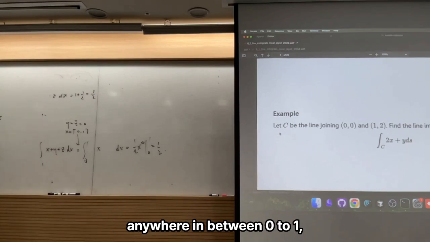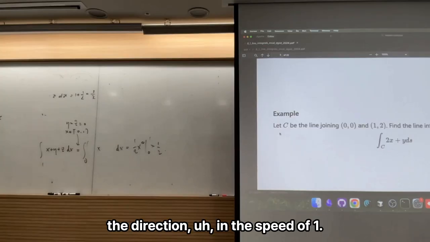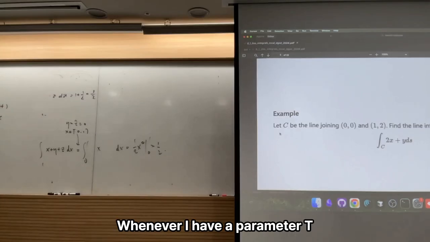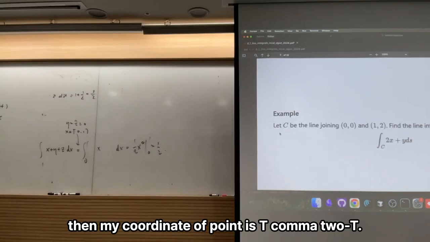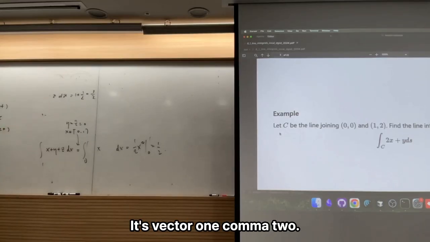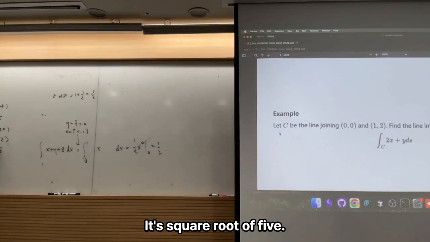Anywhere in between 0 to 1, there is a parameter t that moves at a speed of 1 in the x direction. Every point here is t comma 2t, right? So c of t is t comma 2t. And what is c prime t? It's the vector 1 comma 2. What is the length of this vector? It's square root of 5.